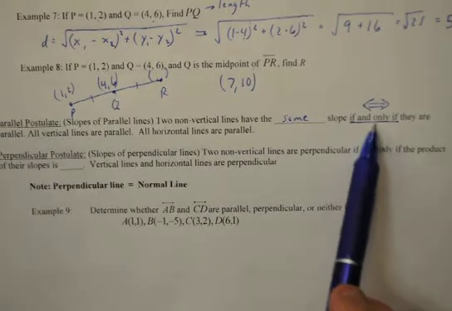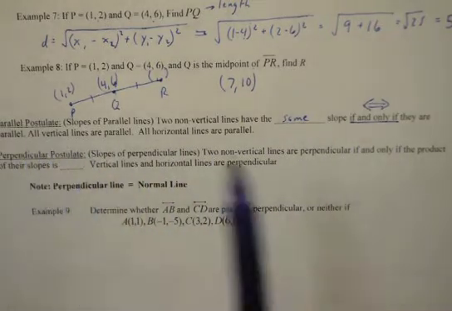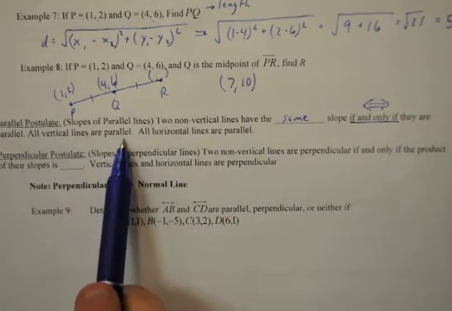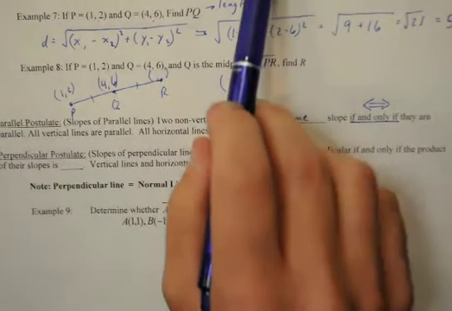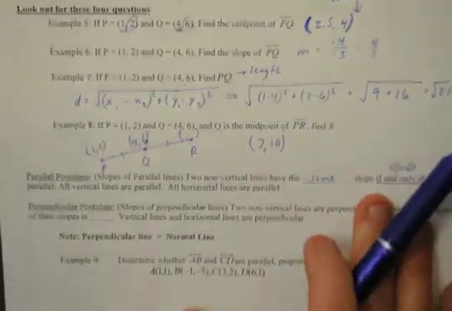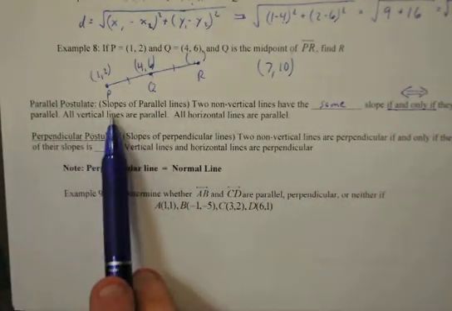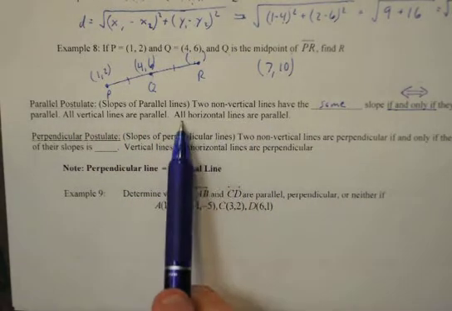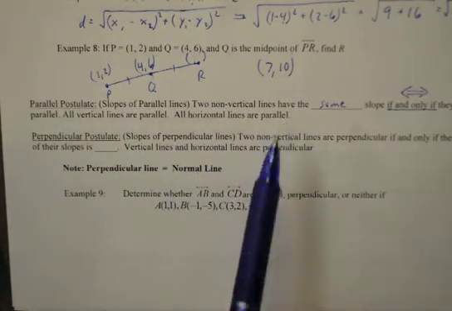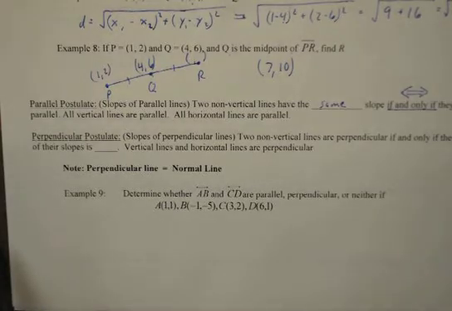That's the if and only if there. And then you have to state that all vertical lines are parallel because the slopes are undefined for vertical. So that's something that you have to state just on the side there. All vertical lines are parallel. And then also all horizontal lines are parallel. So this is an assumption we're going to make moving forward.